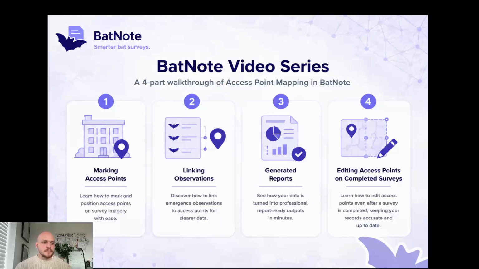So again, following that draft-first approach, always being editable at the start, during, and at the end of the survey. That's what I've designed, and the feature's been heavily designed around those principles. We're now going to go through how we can do that in BatNote.